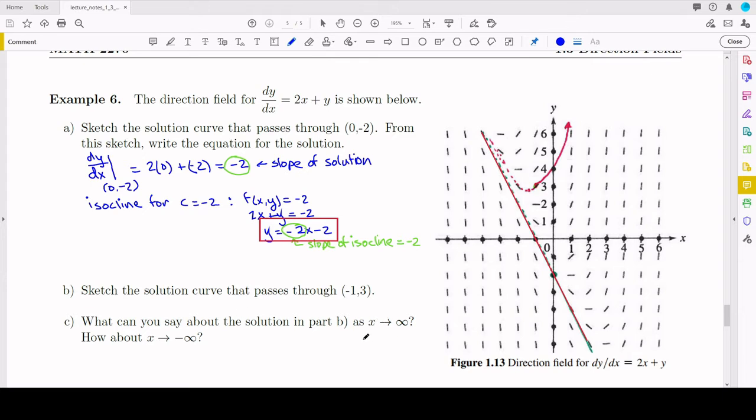As x goes to infinity, we have that y goes to positive infinity. And when x goes to negative infinity, we also see that the y values get larger and larger. So in that case, y goes to positive infinity as well.